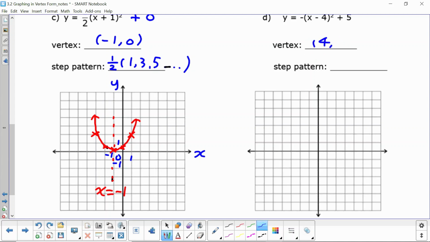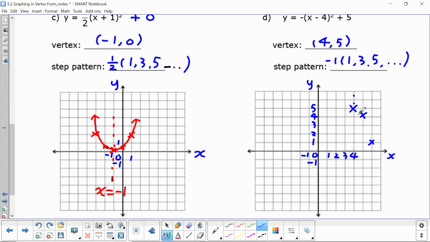So next, the vertex is (4, 5), with step pattern -1 times 1, 3, 5. So go by 1. (4, 5). So find the vertex, then right 1, down 1; right 1, down 3.